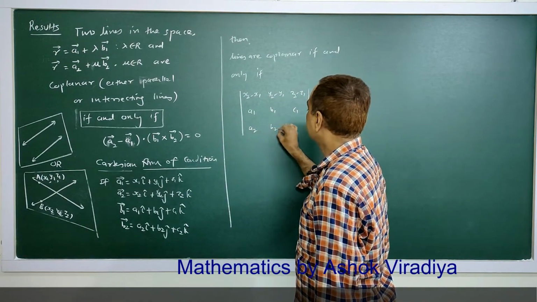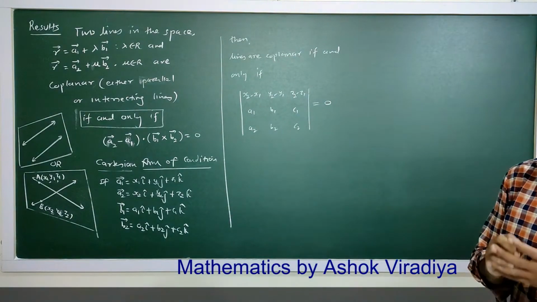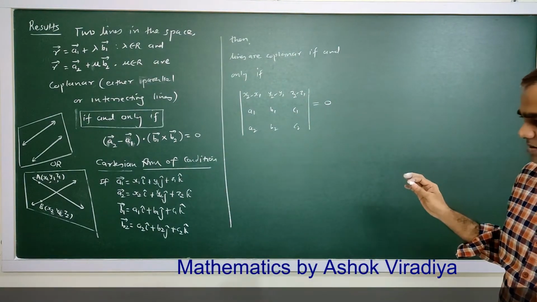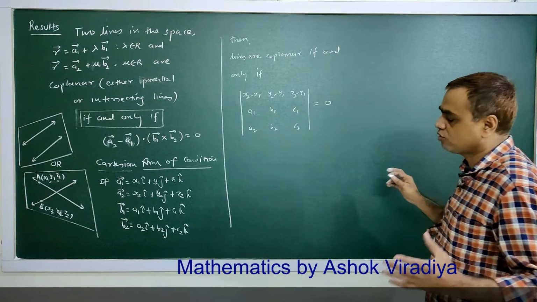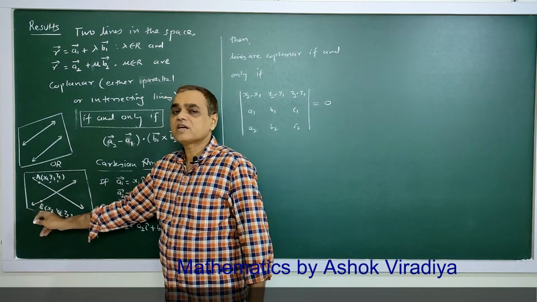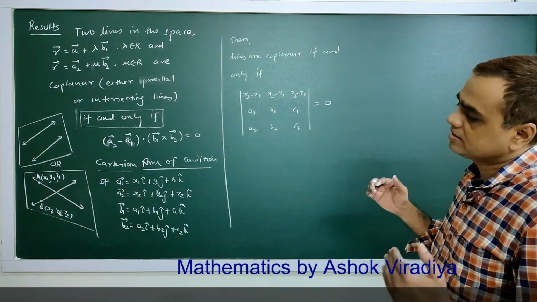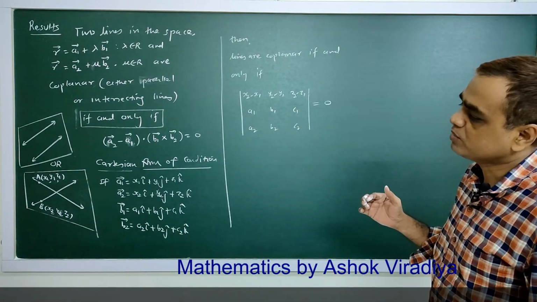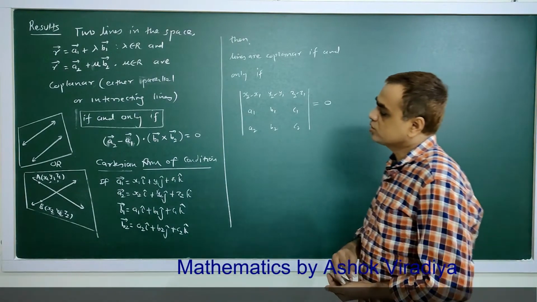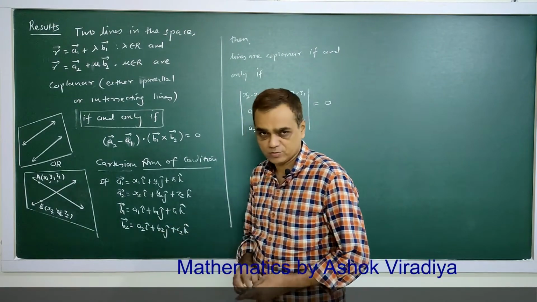So if this determinant is equal to 0, then we say lines are coplanar. First line passes through x1 y1 z1, the second line's particular point is x2 y2 z2, and their directions are defined by vector b1 and vector b2, whose direction ratios are a1 b1 c1, a2 b2 c2.